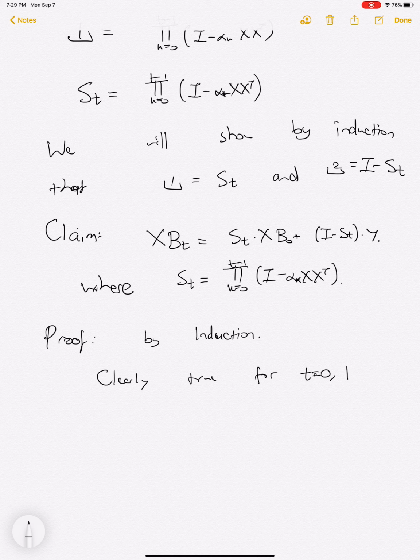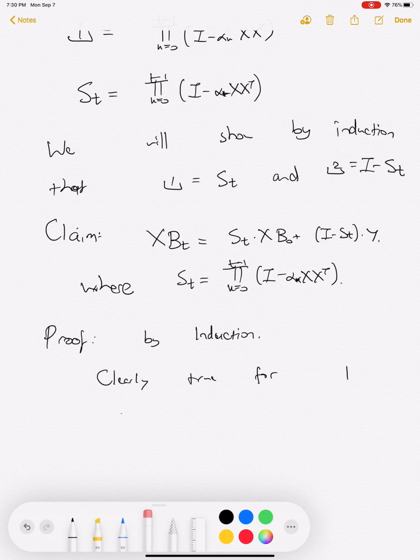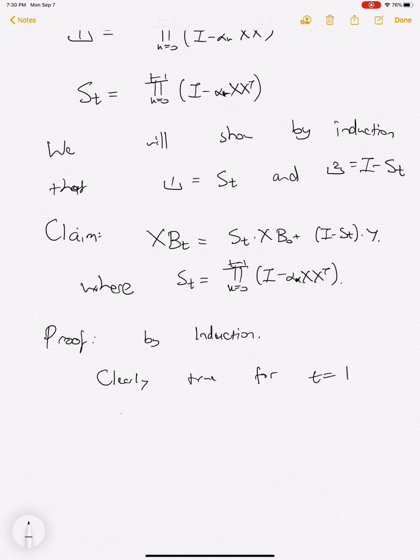We've written that out already. For t equals 0, we have that XB0 is just S T times XB. So we should be more specific: t equals 0 is a choice, so t equals 1 is really the only thing we have to check here.